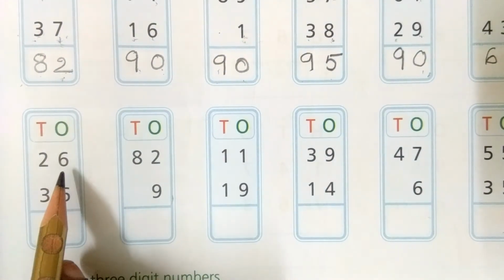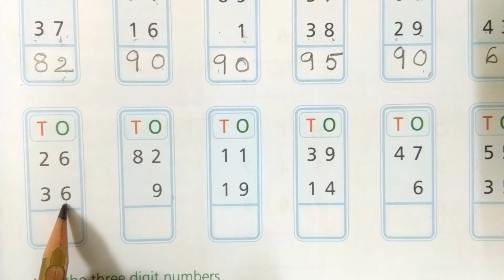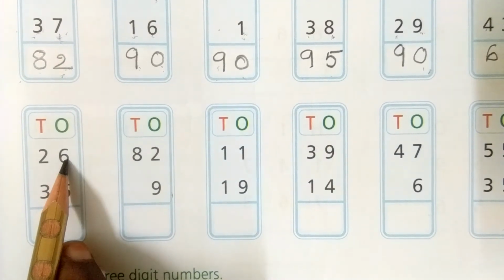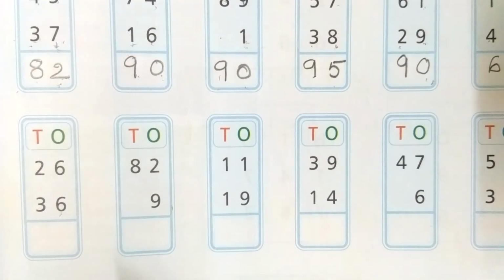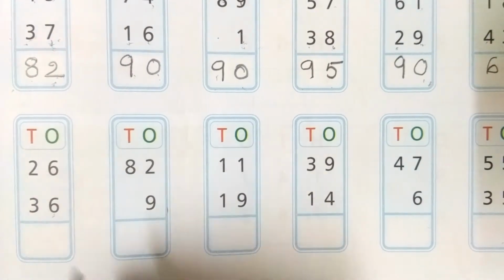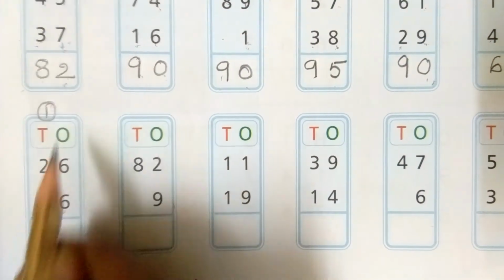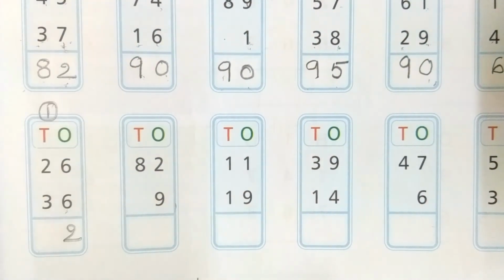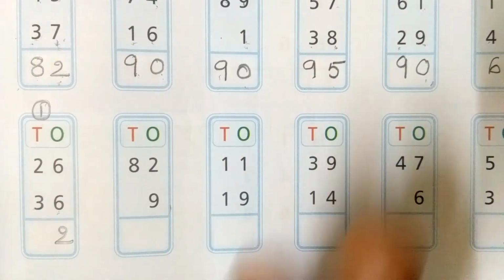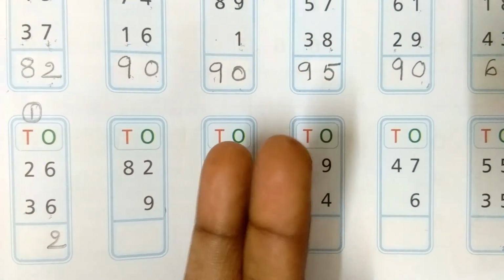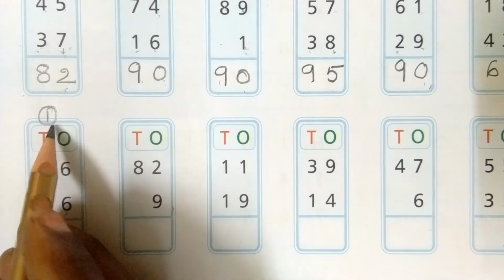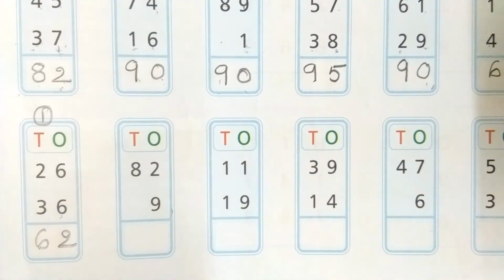Here see. Next sum. Take 6 fingers, everyone. 6 after 7, 8, 9, 10, 11, 12. Write down 1 in tens place, 2 in ones place. Take 3 fingers here. 2 after 3, 4, 5. 5 plus 1 is equal to 6.